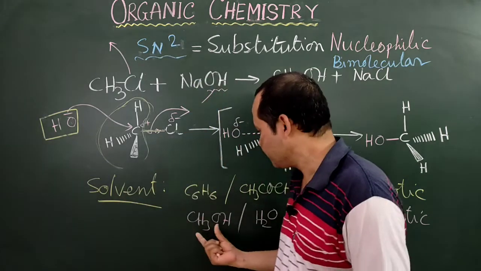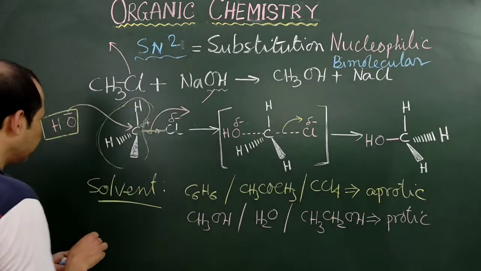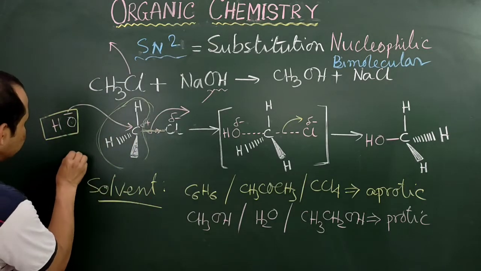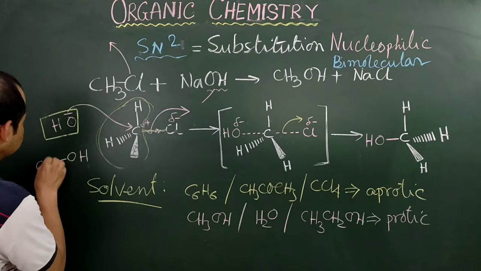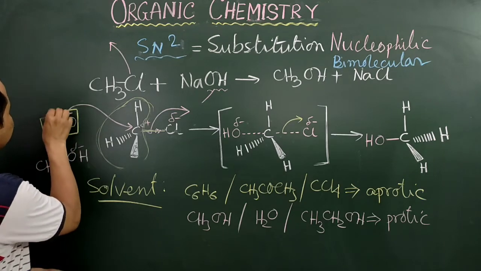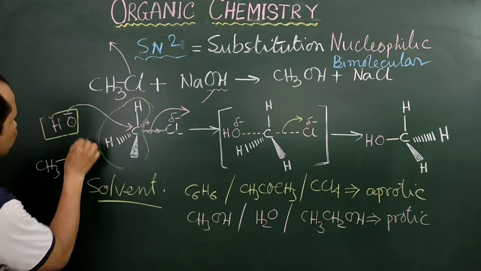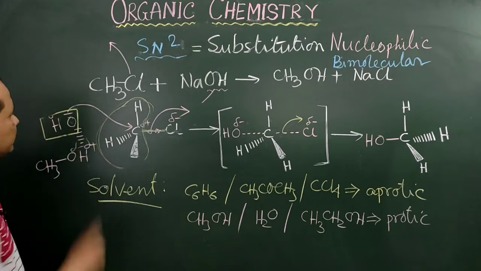Now if we use this one in this, then what will happen? Here the solvent is this. Now this one is partially negative, this is partially positive, so this negative, this positive will attract each other.